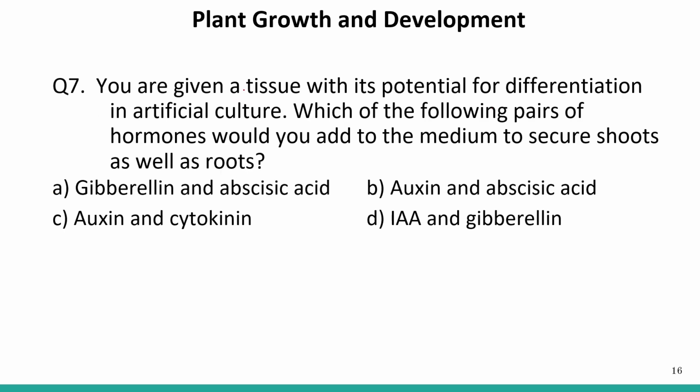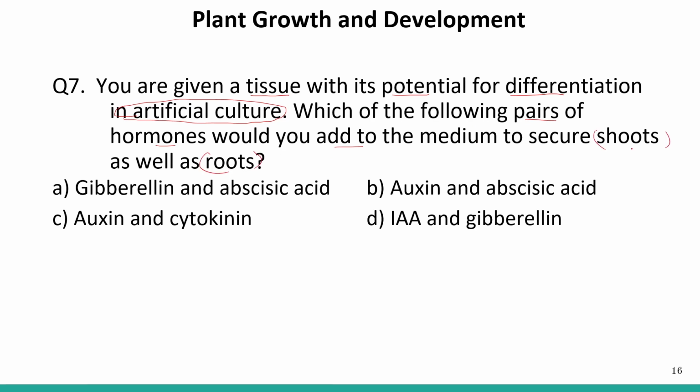The next question is, if you are given a tissue with its potential for differentiation in artificial culture, which of the following pairs of hormones would you add to the medium to secure shoots as well as roots?